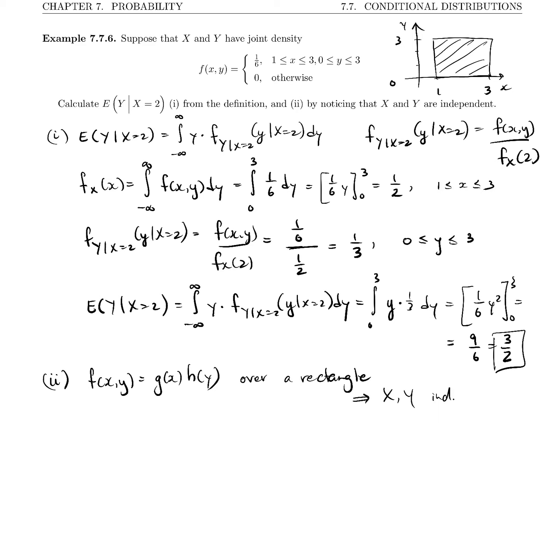And so if x and y are independent, and this function is a constant, so if f of xy is a constant, then we have to have that x and y themselves have constant density functions, which means that they are uniform. So these are uniform.